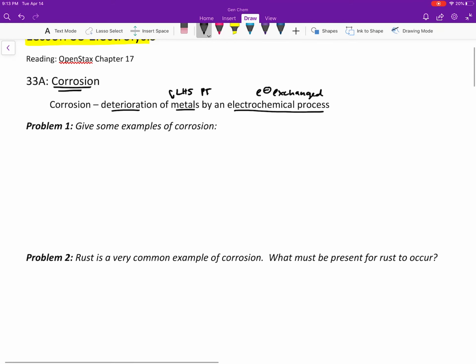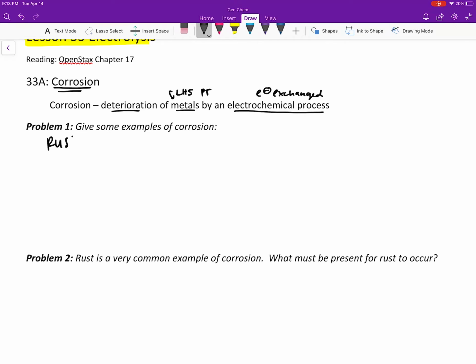Some examples of corrosion: if you are a car owner, or maybe you own a bicycle, or anything made out of metal that has a paint job, you may know that when your paint job gets nicked and the metal gets exposed, there runs a risk for rust to occur.